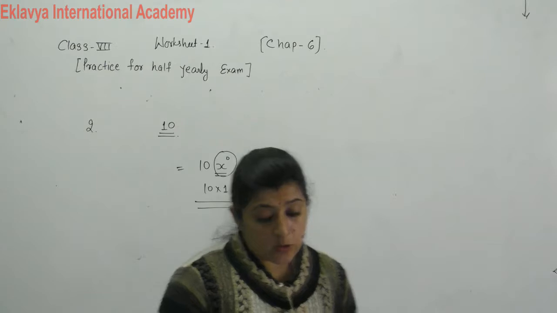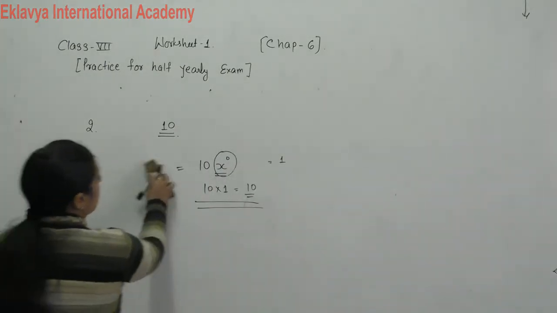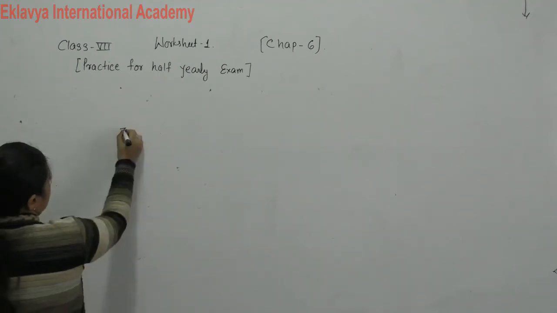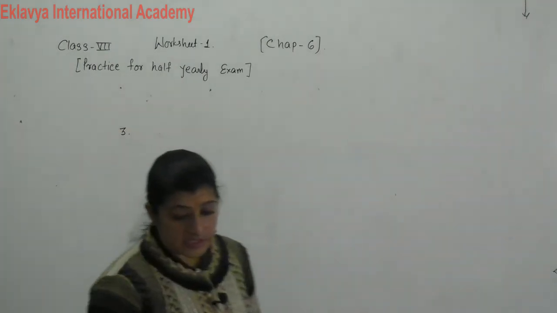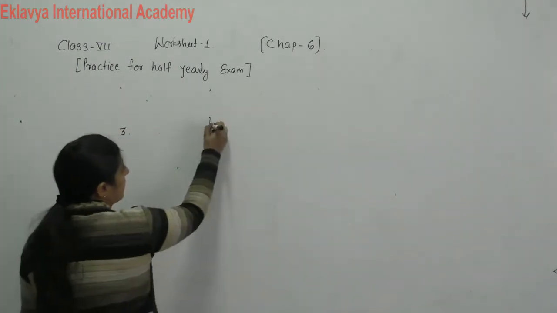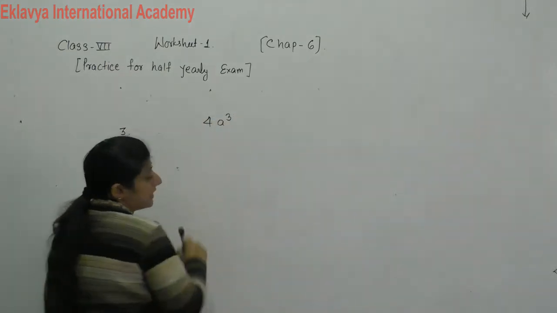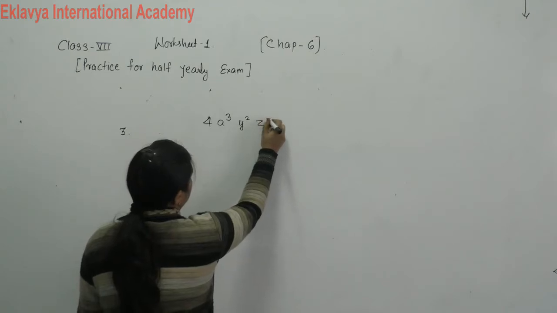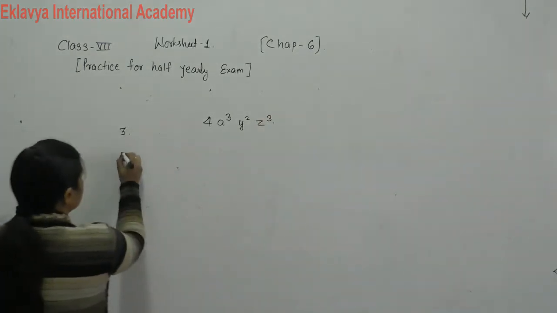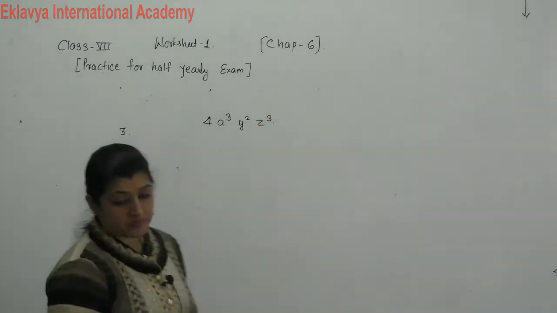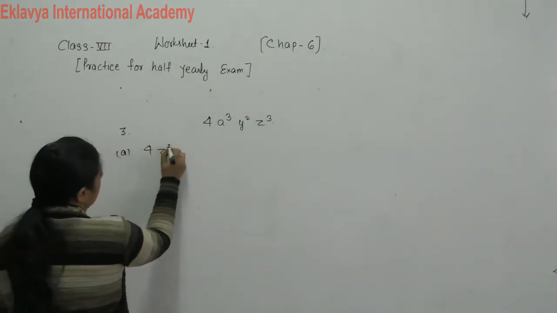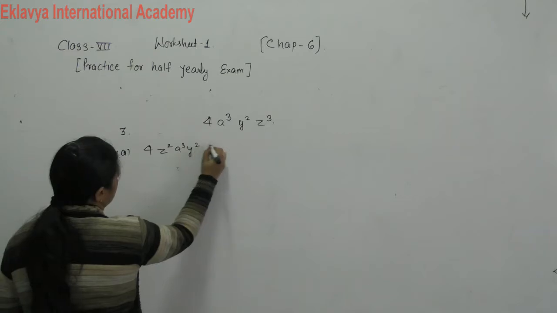Now see the third question, the like term. The like term is given to you: 4a power 3, y power 2, z power 3. Options given to you: Option A, 4z square, a cube, y square.